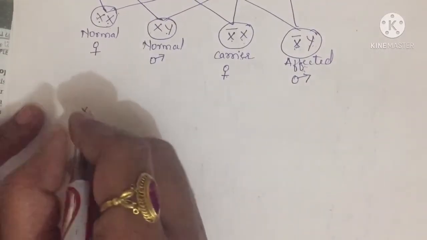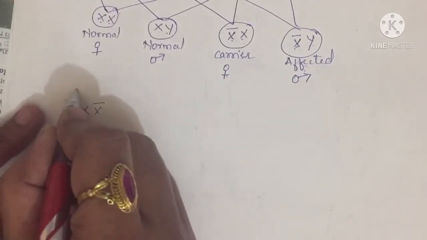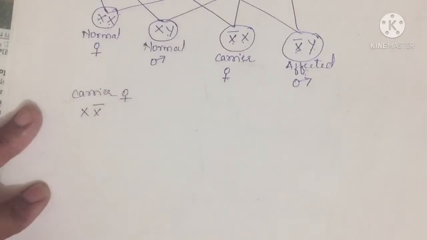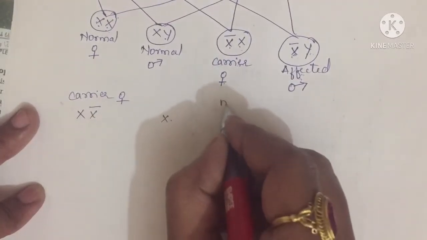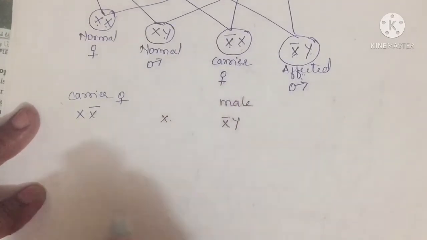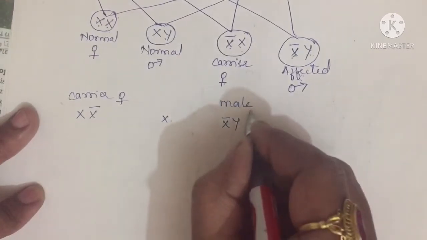Now I am showing here like this. What will you write? She is a carrier female. Am I right? Then here the male, I am showing like this. What will you write? Male is normal? No, male is affected.